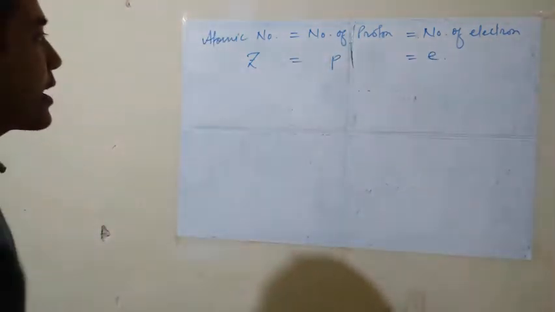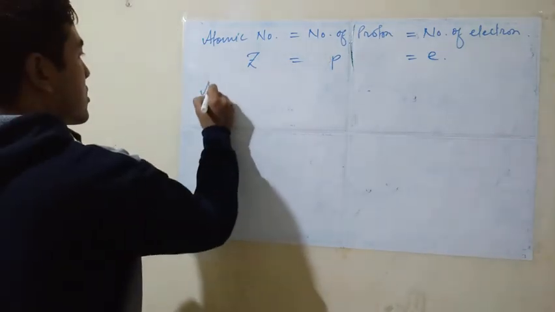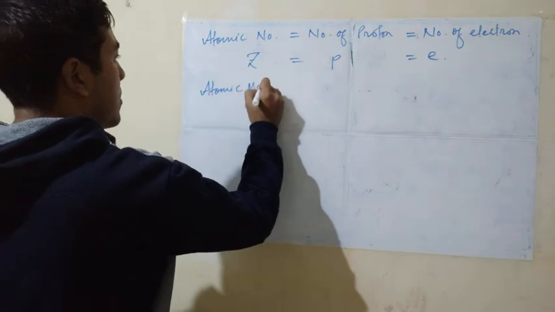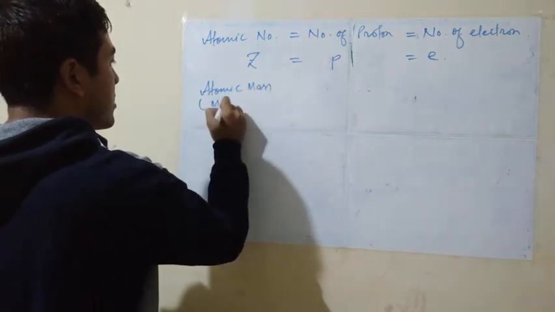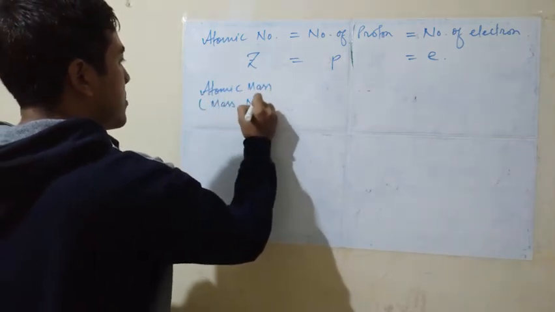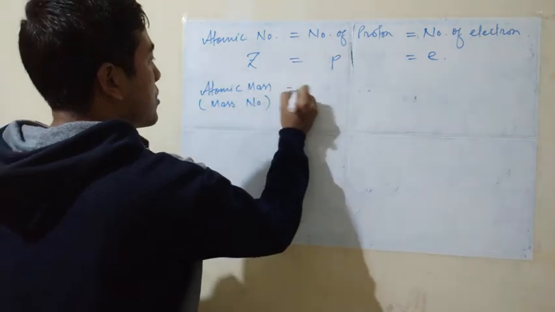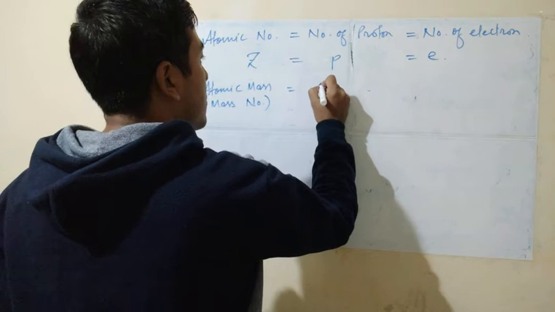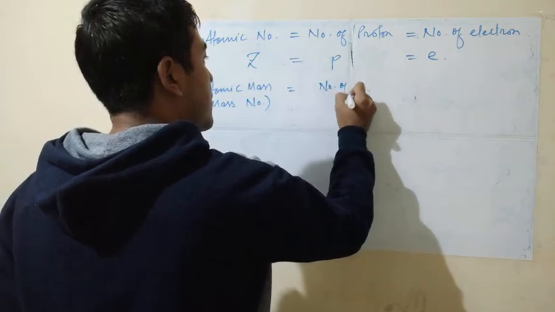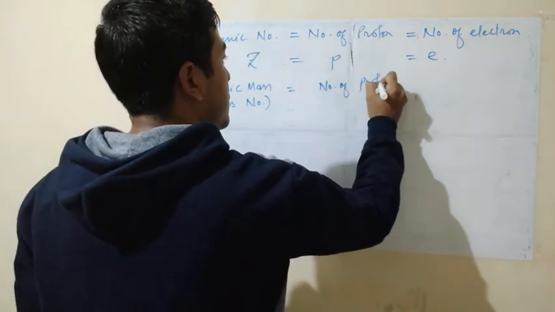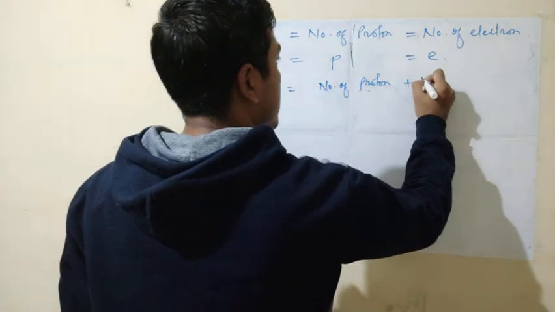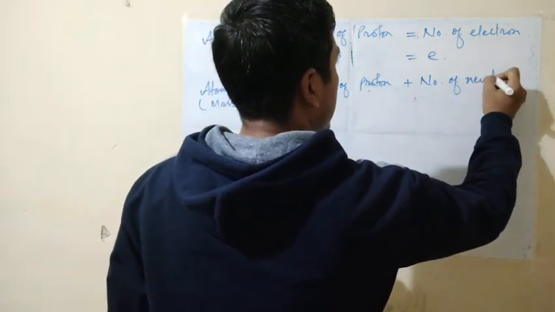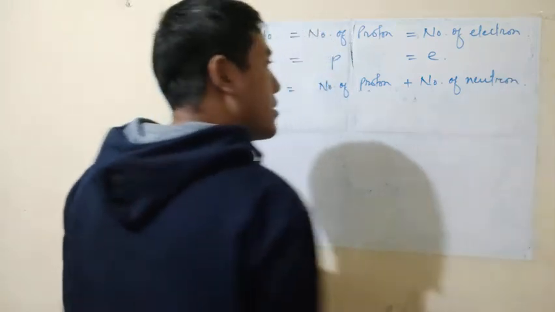Right. Again, atomic mass. Another name of atomic mass is also mass number, which is equal to number of protons plus number of neutrons.